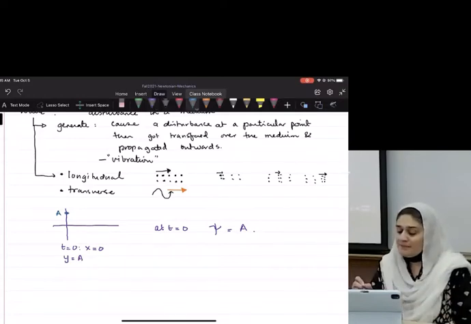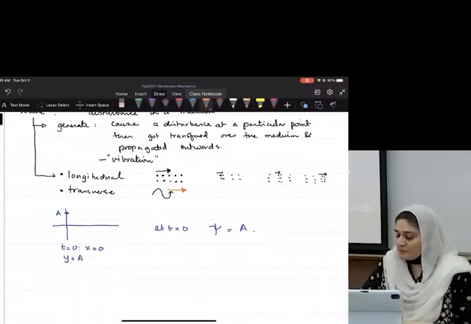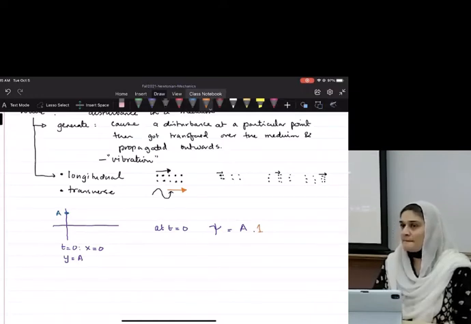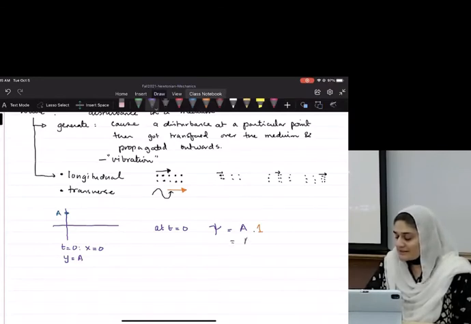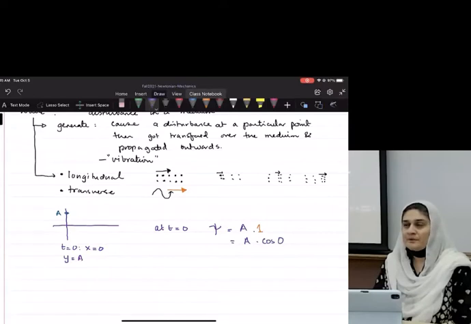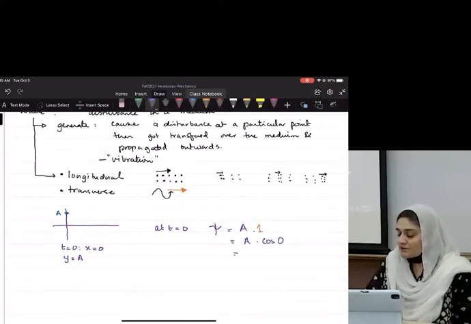Okay, can I multiply any equation with 1? Will that change anything? Good. Can I also rewrite this as a cosine of 0? What is cosine of 0? 1. Okay. Can I also write this as a cosine of 2 pi?